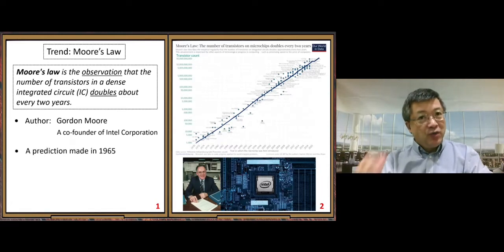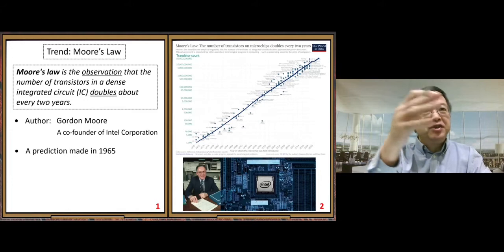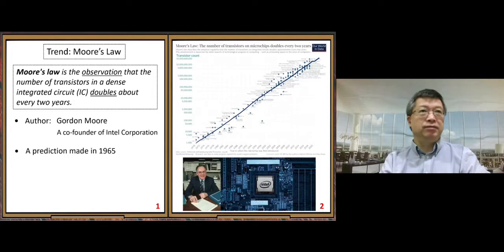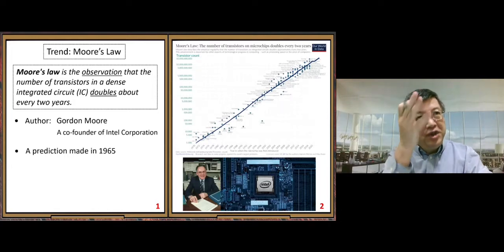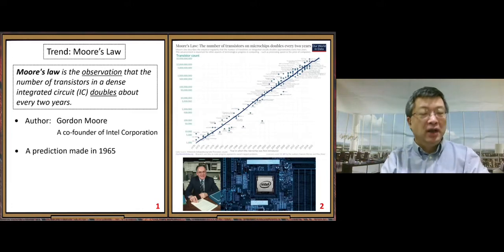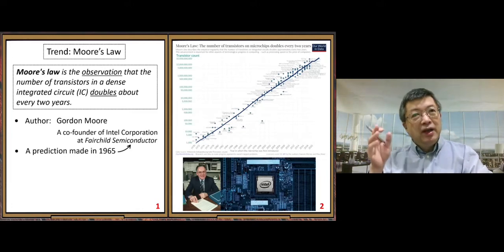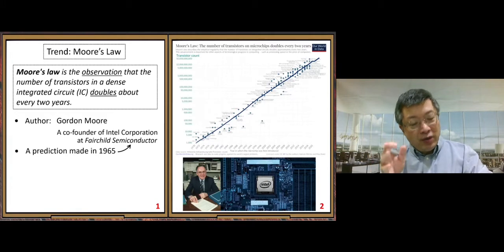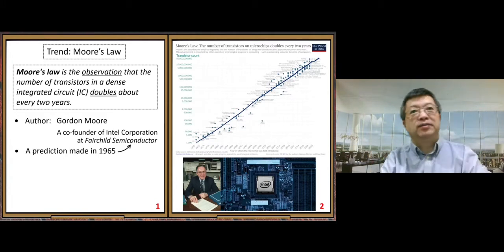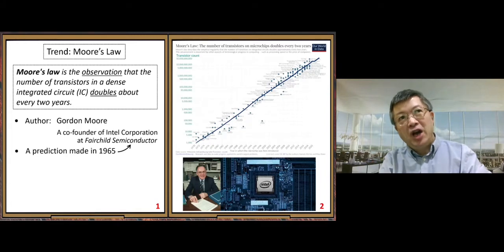This prediction was made in 1965. At that time, Intel was not created, so this was a few years before Intel was founded. At that time, Gordon Moore was in a company called Fairchild Semiconductor, another very famous semiconductor company.